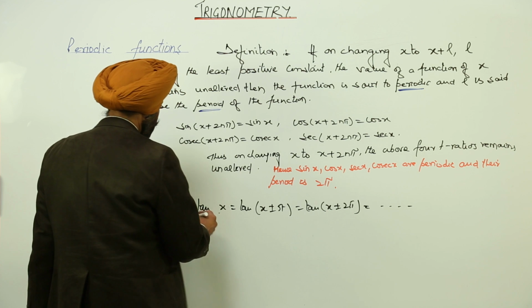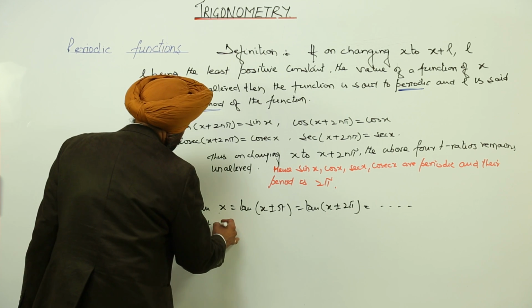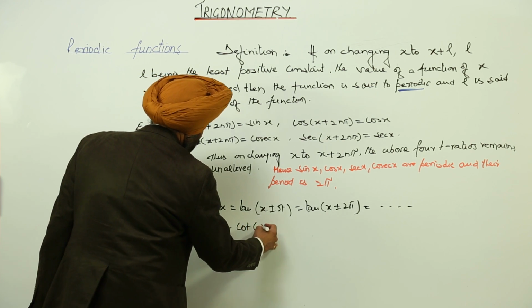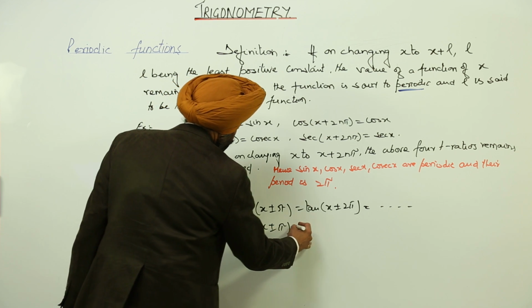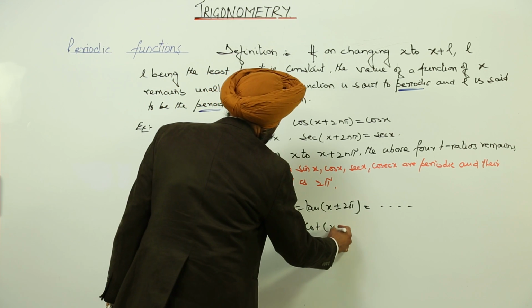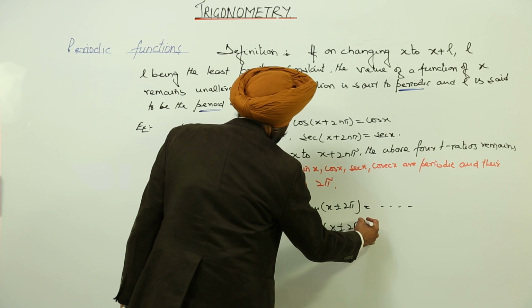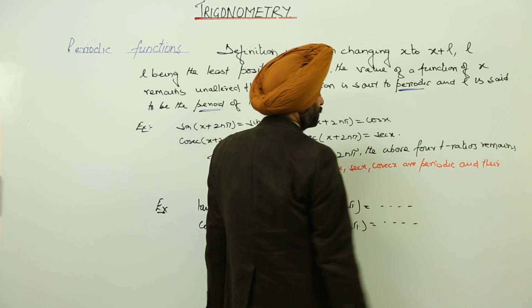Similarly, cot x is equal to cot x plus minus pi, cot x plus minus 2 pi, like this it goes on.